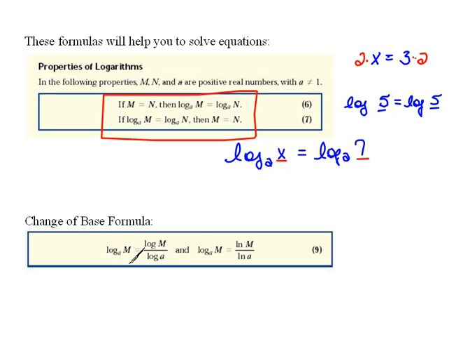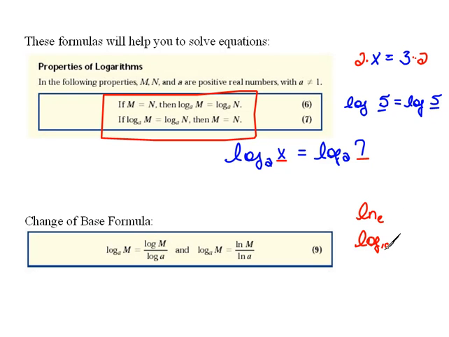Then we also have something called the change of base formula. The change of base formula really helps us out because if you'll remember, your calculator only understands the natural log, which has a base of e, right, understood, and the common log, which has a base of 10.